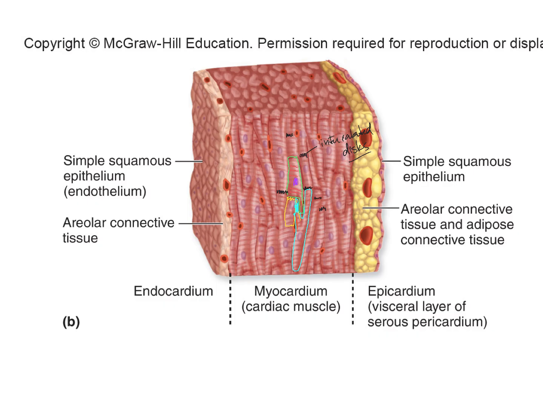The endocardium lines the interior of the chambers and also helps line the interior of blood vessels. So the endocardium is made up of endothelial cells, simple squamous epithelium, and your blood vessels are lined by endothelial cells as well.